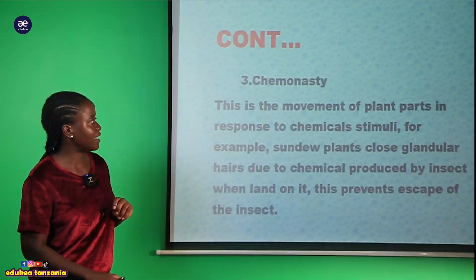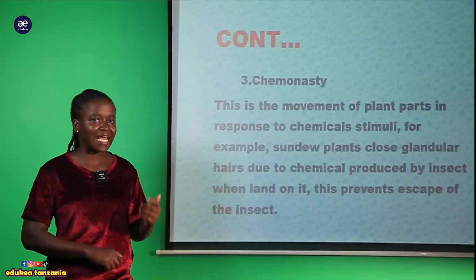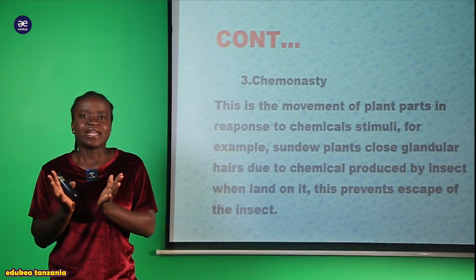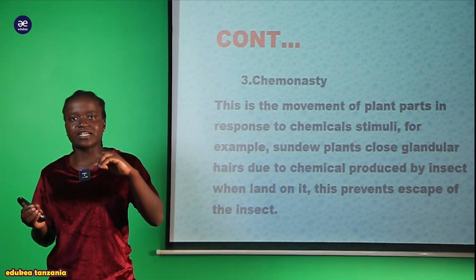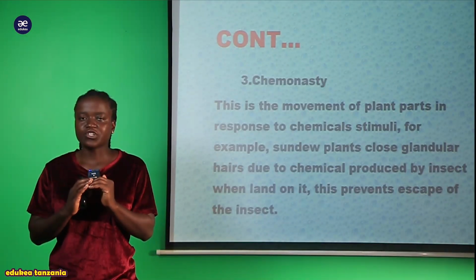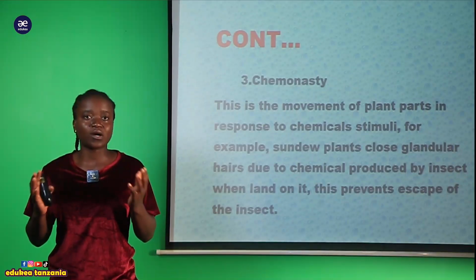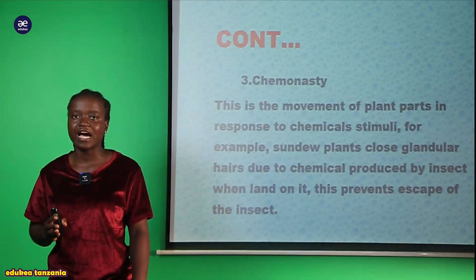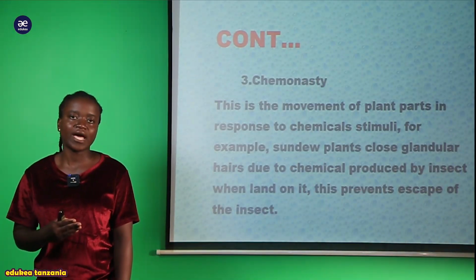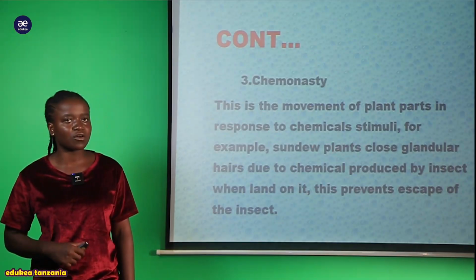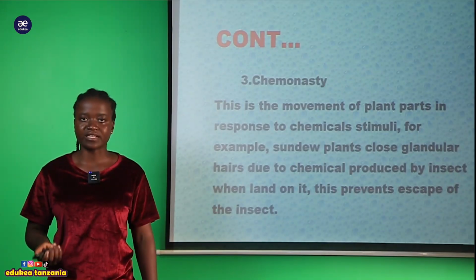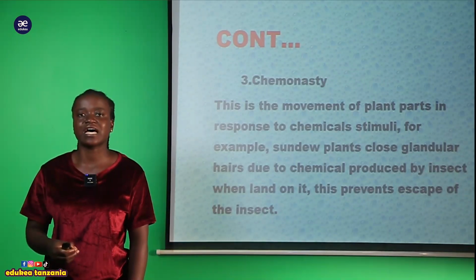For example, here we have the sundew plant, a plant that has flowers. The flowers open, and when an insect enters the flower, the flower closes. Once it closes, the insect can no longer get out, so it remains within the flower. We say this is chemonastic, the kind of movement whereby plants respond to a chemical stimulus. Sundew closes glandular hairs due to the chemical produced by the insect.